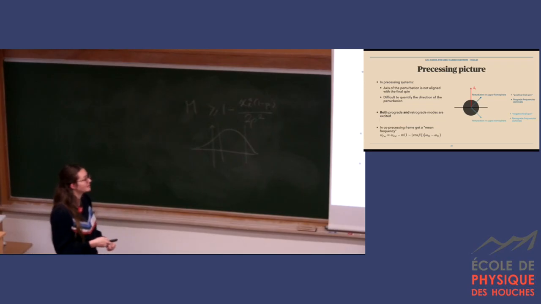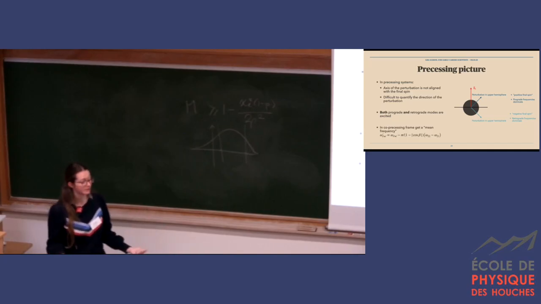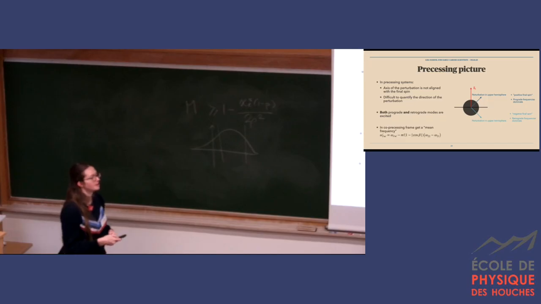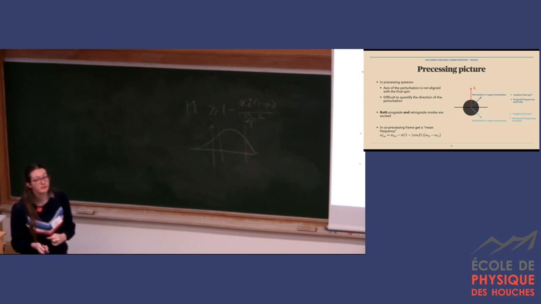What we find is A, that both prograde and retrograde modes are excited for our systems, and B, largely, if the aligned component is positive, then the prograde frequency will dominate, and if it's negative, then the retrograde frequency will dominate. However, because both of these are excited, we do have to take into account both of them.